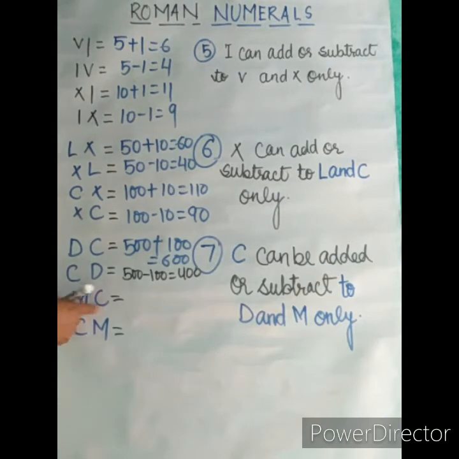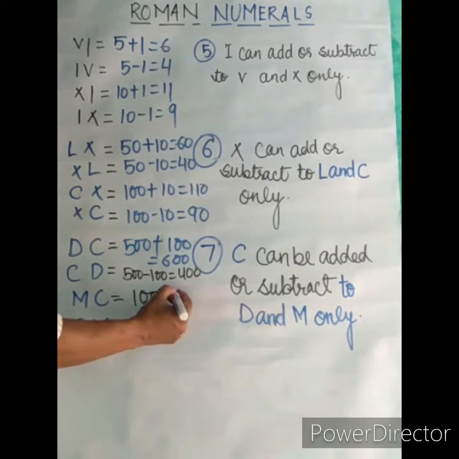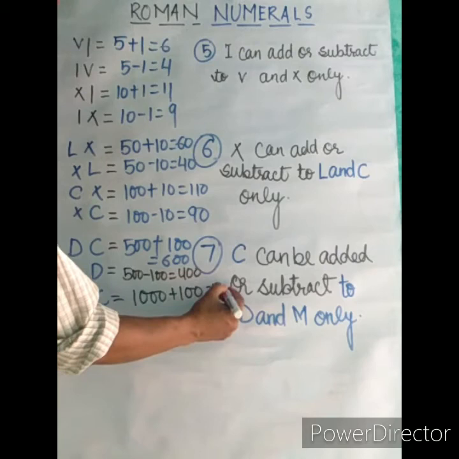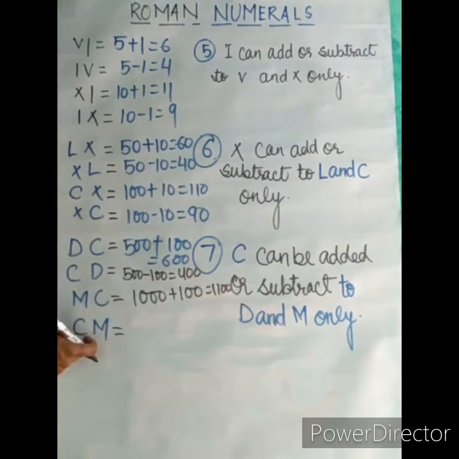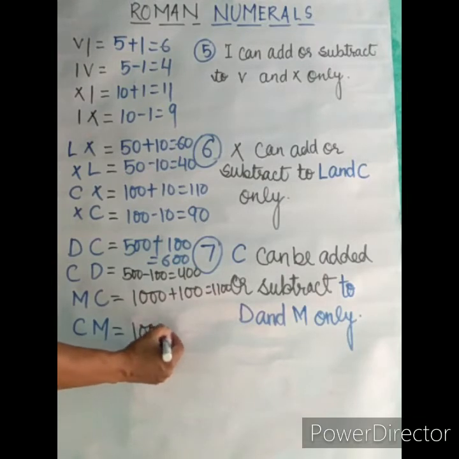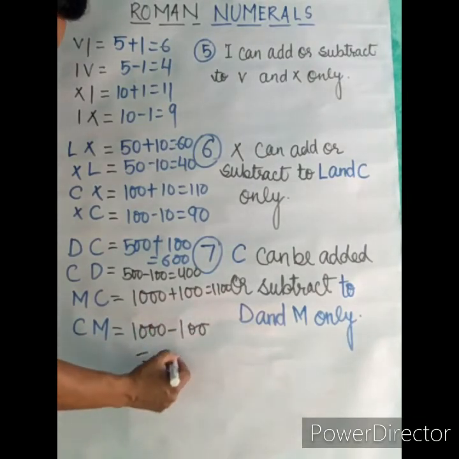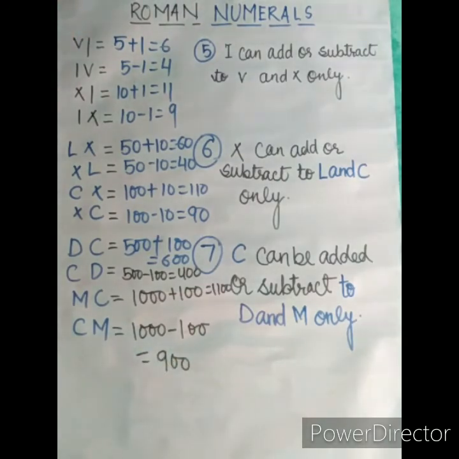M is 1000, and C is 100, so here 1000 plus 100 is equal to 1100. And here C is to the left side, so we will subtract: 1000 minus 100, you will get 900.